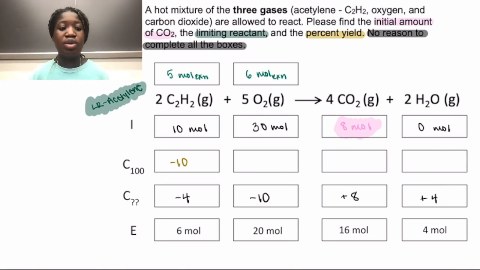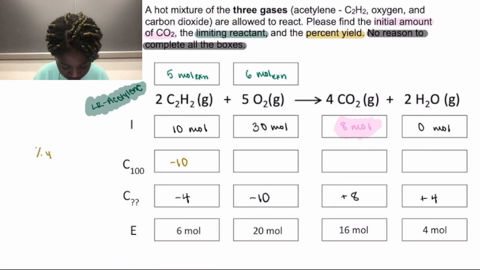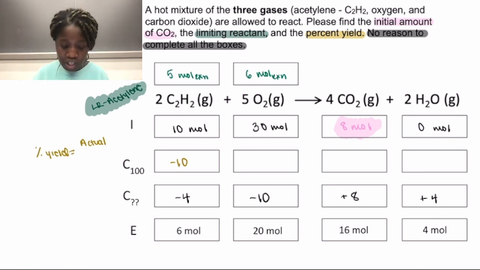The final thing that we need to do is solve for percent yield. Now, the percent yield is commonly the actual thing that occurred in the experiment over the theoretical of what would occur in the experiment.